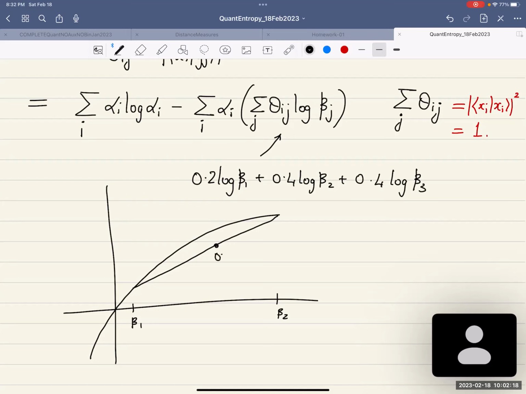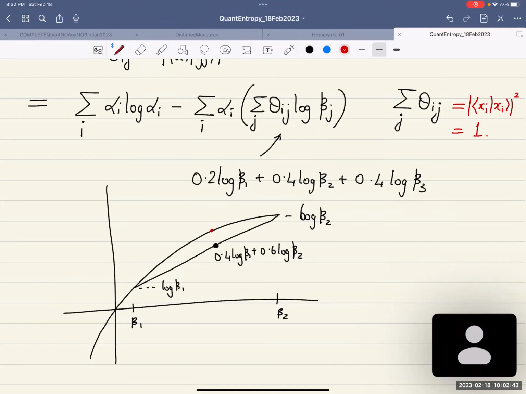So this is 0.4 log beta 1 plus 0.6 log beta 2, right? Just for clarity, this is log beta 1, this is log beta 2, and I'm taking a convex combination of the two. This is the chord, this is the point.